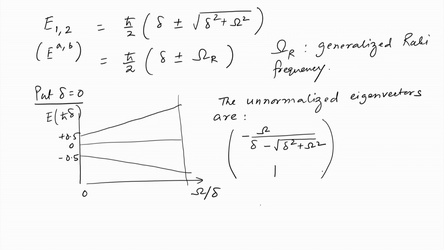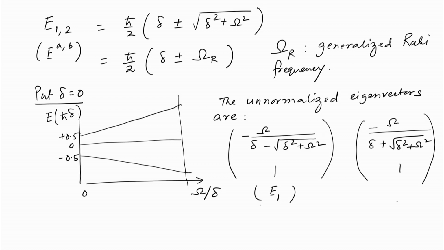This corresponds to E 1 or E A, whatever you want to call it. The other one is minus omega over delta plus the square root of delta squared plus omega squared, and 1 again. This corresponds to E 2. Of course, here we have not put delta equal to 0. So, these are the unnormalized wave functions.